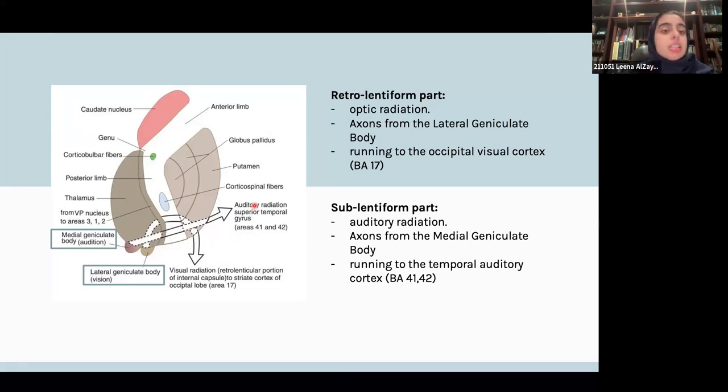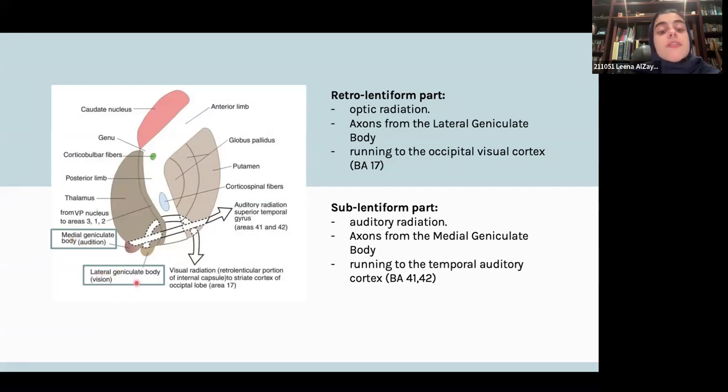Then we have the retrolentiform part. This is for the lateral geniculate body. Lateral geniculate body, L for light, so it's for vision. M for music, so the medial geniculate body is for auditory radiation. Lateral geniculate body, L for light, is vision.